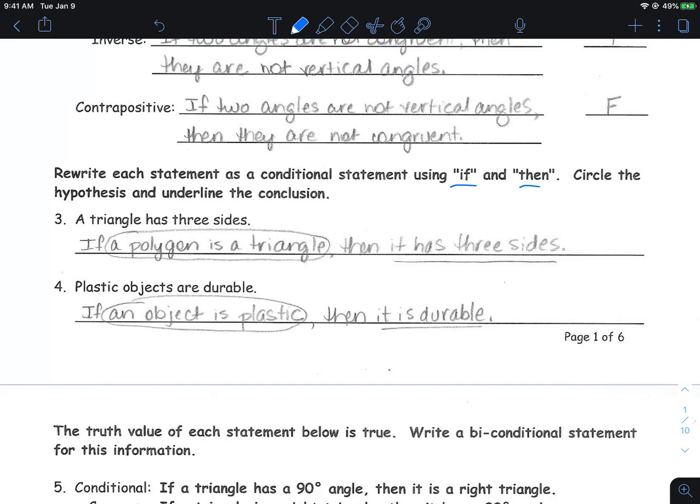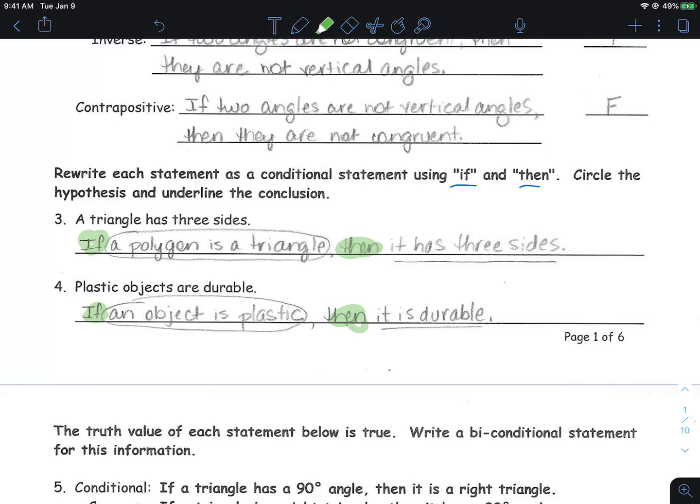There are a couple of modifications you can do, but basically we're looking for something that says if and then, and something about triangles having three sides. You could do plastic objects are durable, so you could say if an object is plastic, then it is durable. So once again, keywords we're looking for are if and then, and you start out with if, you end with then.